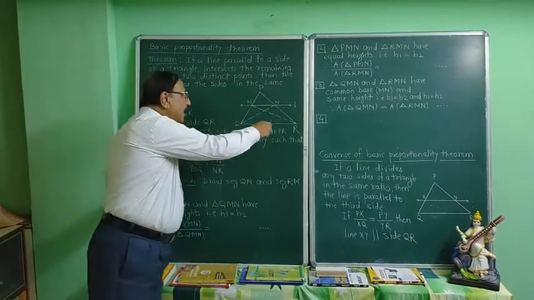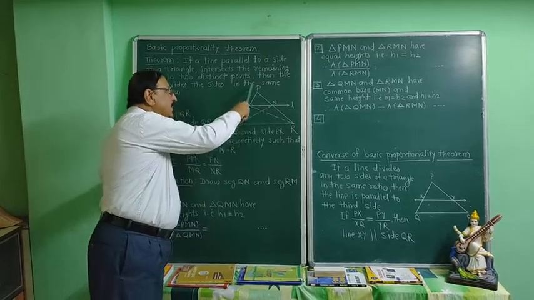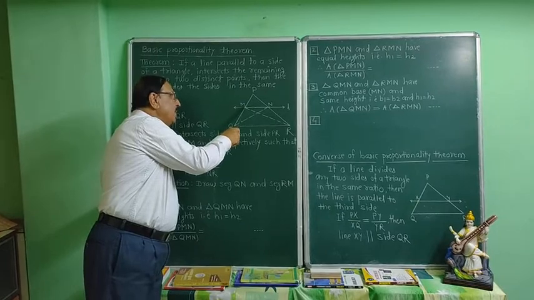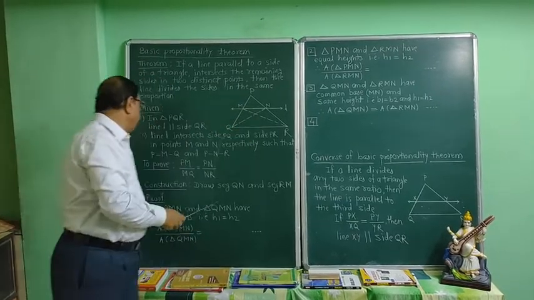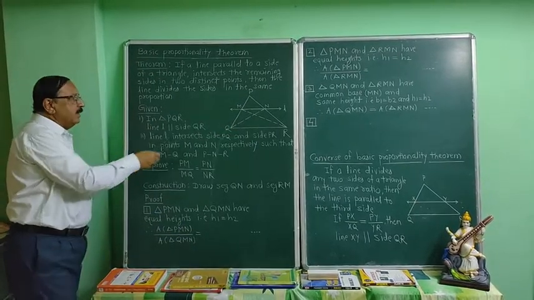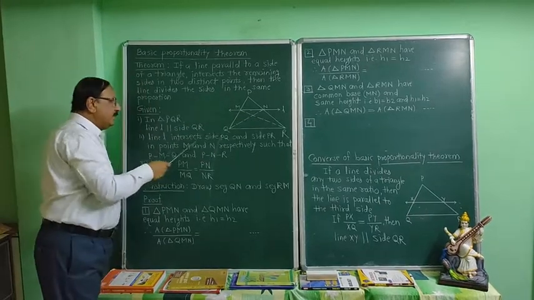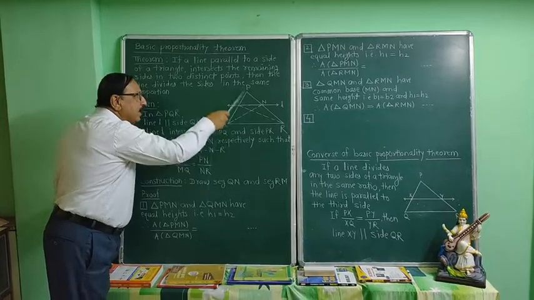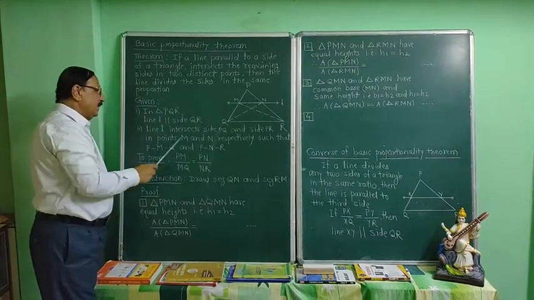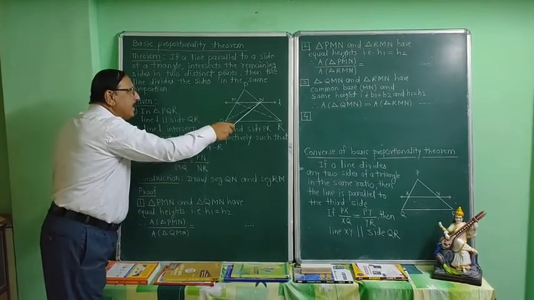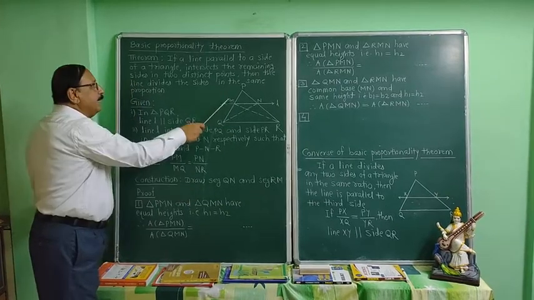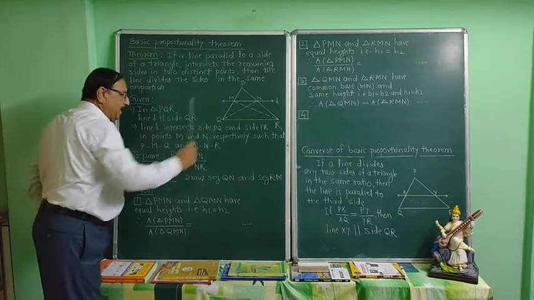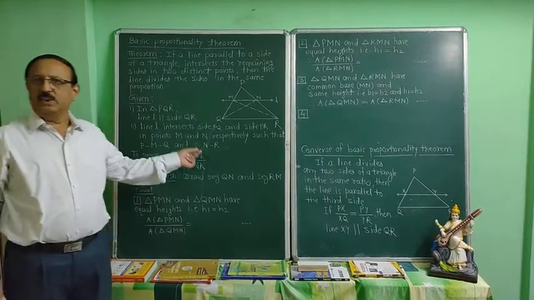And this line L intersects these two sides PQ and PR in the points M and N such that M is between P and Q, N is between P and R. This is all given.